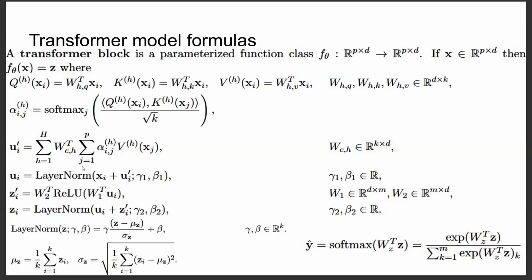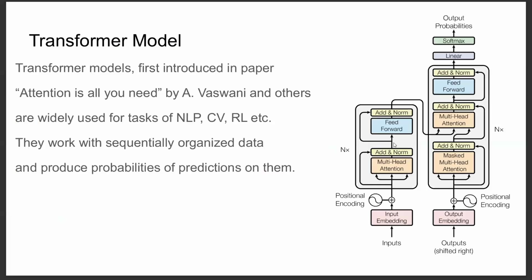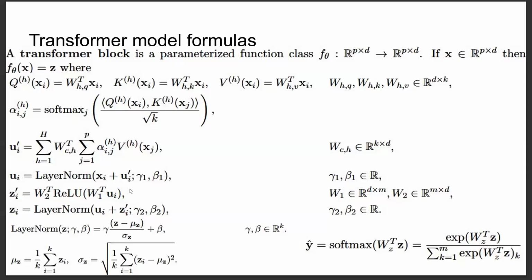Then the add norm layer: we add the input and the output of the multi-head attention layer, and then put it into the layer norm layer, which projects every one of the P coordinates onto a sphere, different for each coordinate.